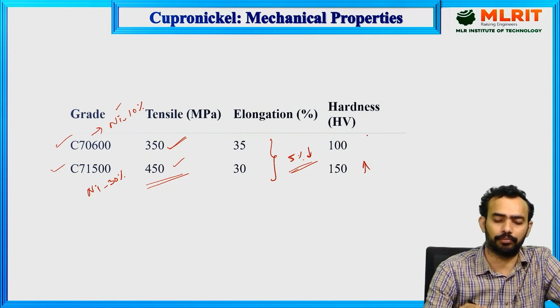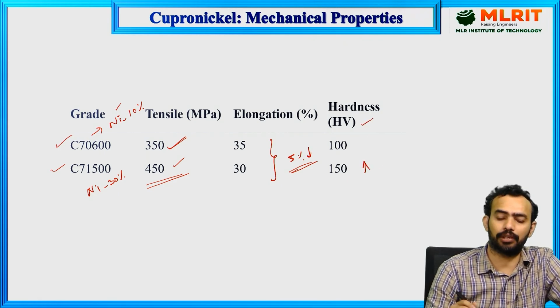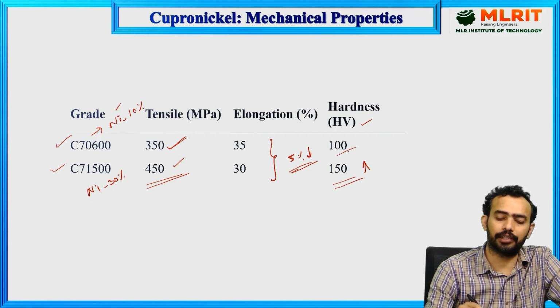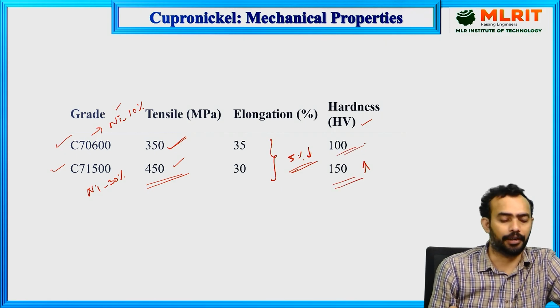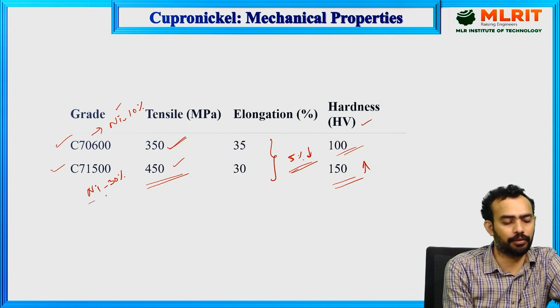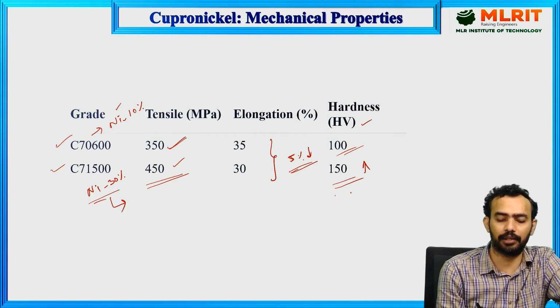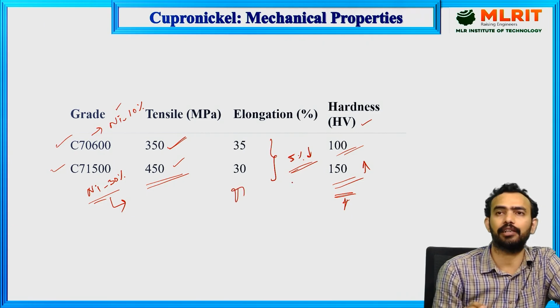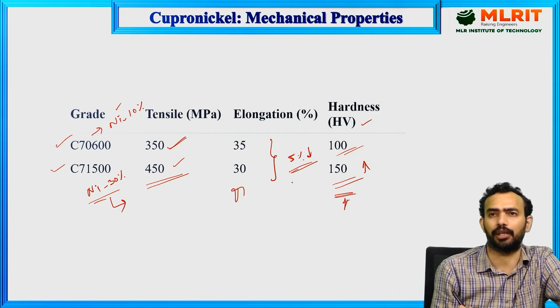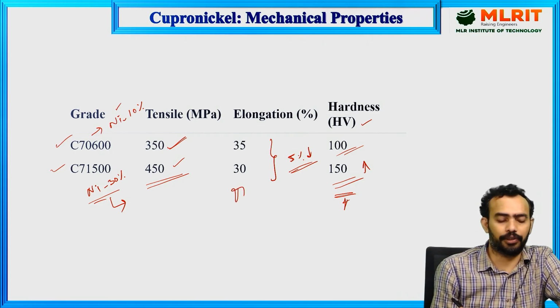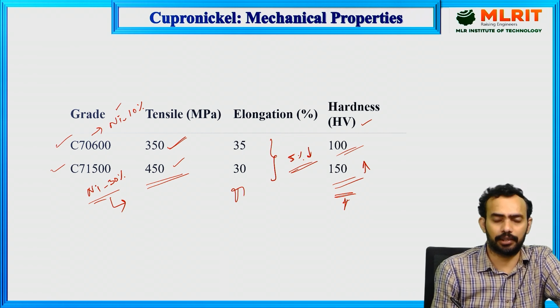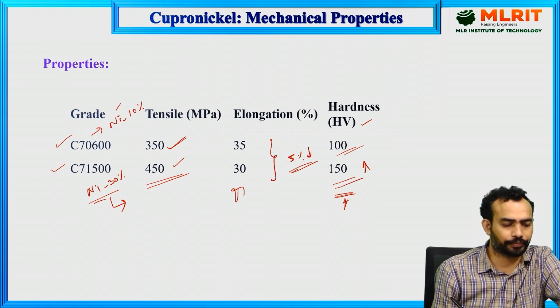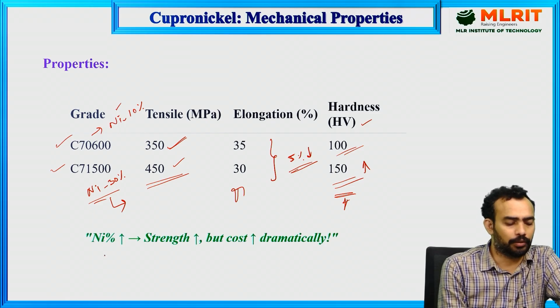Vickers hardness, HV, is about 150 for 70/30, and for 90/10 it is 100. So with the addition of nickel, strength and hardness increase, whereas ductility is slightly reduced. With compromised ductility, we can improve the strength as well as the hardness of the overall material. That is what is given.